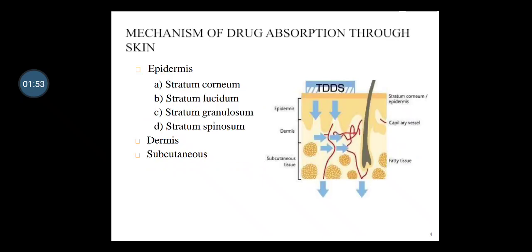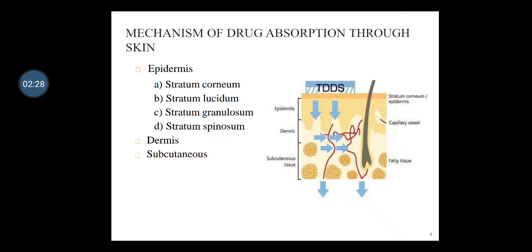As far as the mechanism of drug absorption is concerned, the drug absorption basically happens through the skin. The skin consists of three main layers: epidermis, dermis and subcutaneous tissue. The epidermis has different layers, starting with the very first layer, the stratum corneum, then stratum granulosum, then stratum spinosum, then stratum basale.